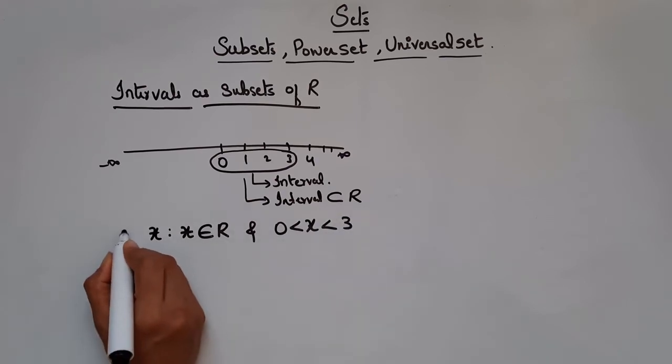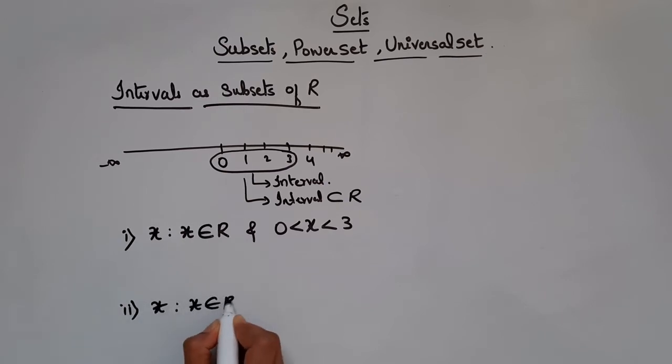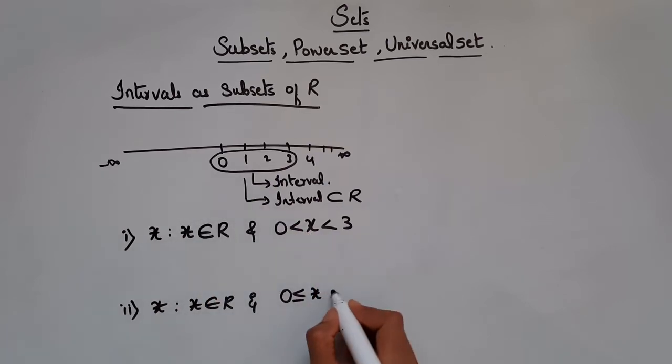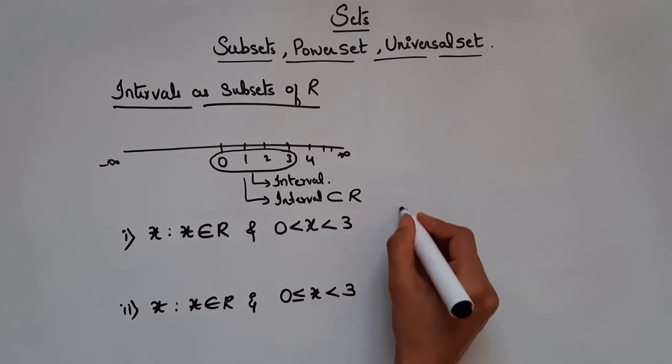So this can be one possibility. And next we have X where X belongs to R and X can be equal to 0 but less than 3. Here 3 is not included but 0 is included.